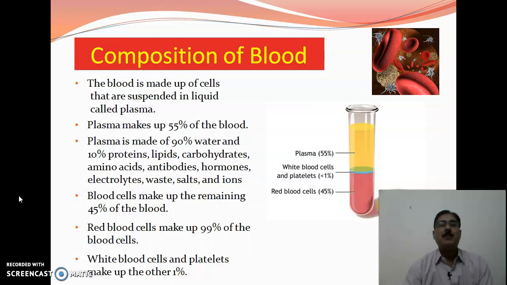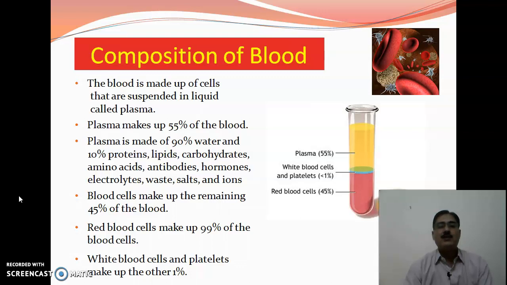Blood is made up of cells that are suspended in liquid called plasma, which we have studied just before. Plasma makes up 55% of the blood. It is made up of 90% water and 10% proteins, lipids, carbohydrates, amino acids, antibodies that are the immunoglobulins, hormones, electrolytes, waste, salts, ions.